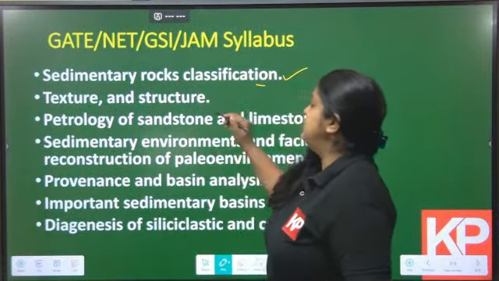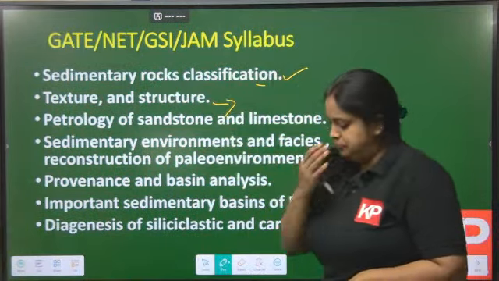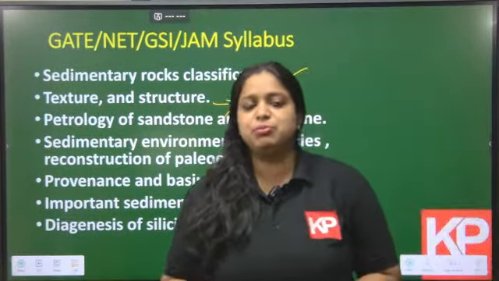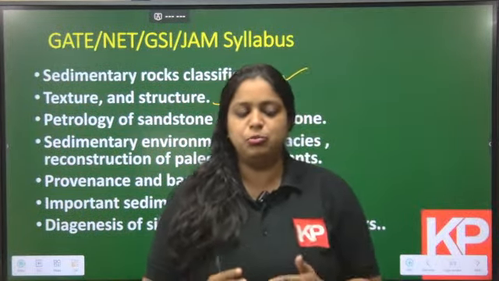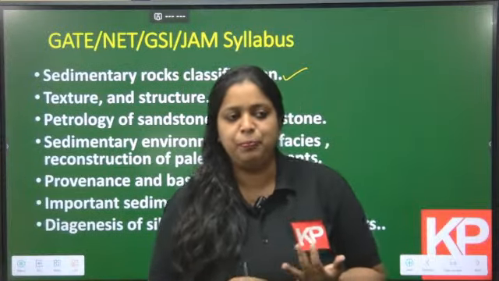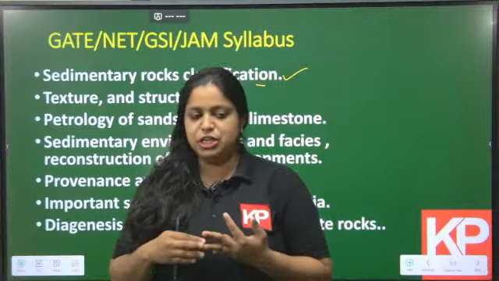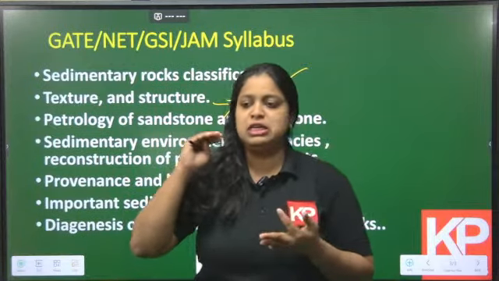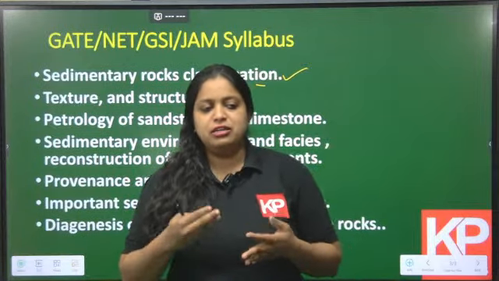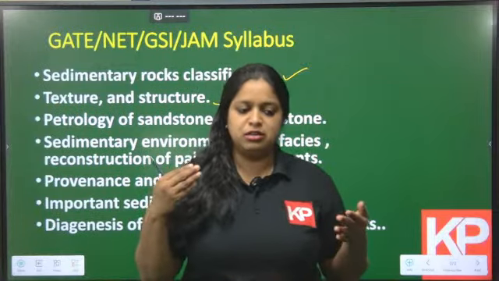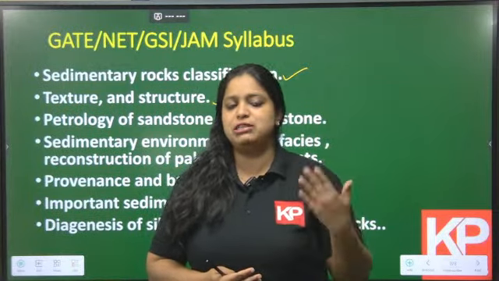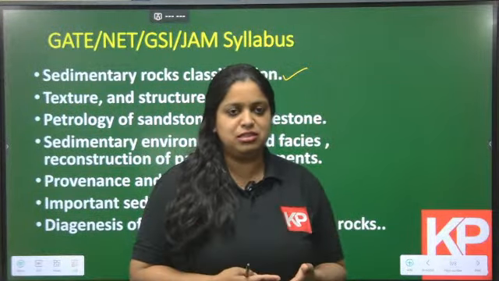Now the next thing is the texture and structure part. When it comes to sedimentary rock texture, we deal with the size of the particles, the shape of the particles, roundness, sorting and angularity. All these are defined under the texture chapter.